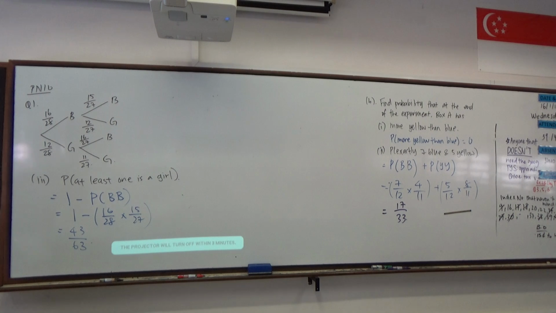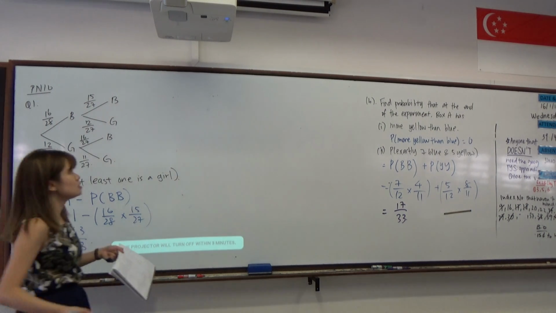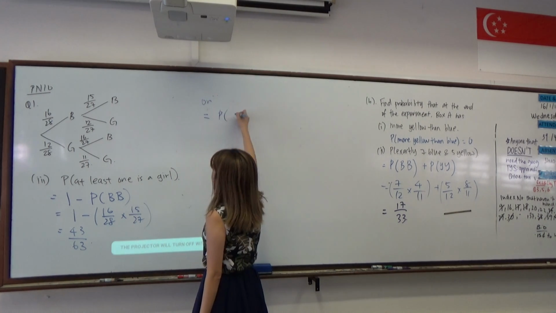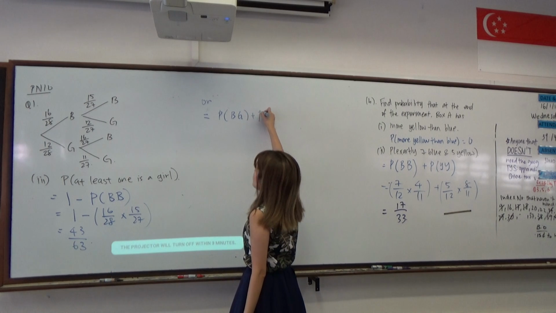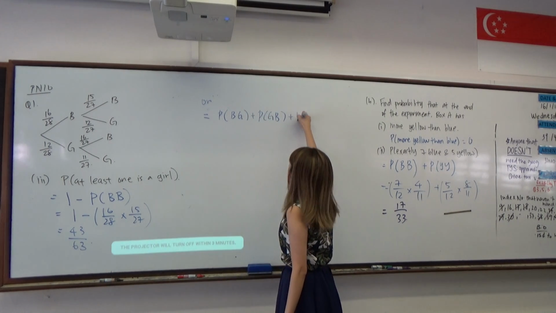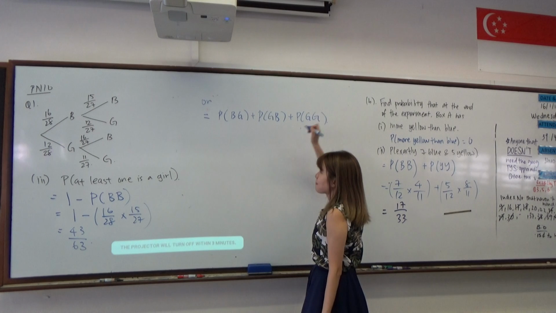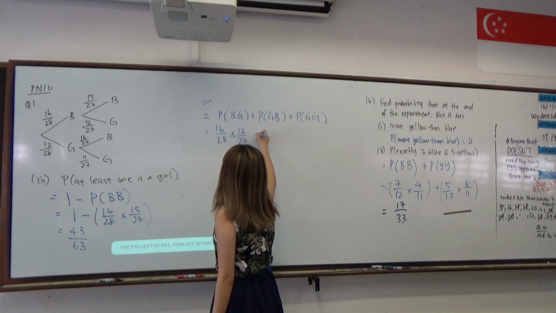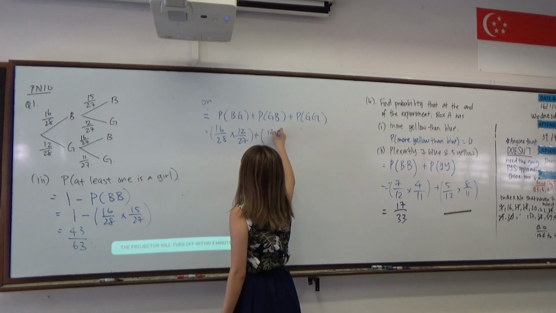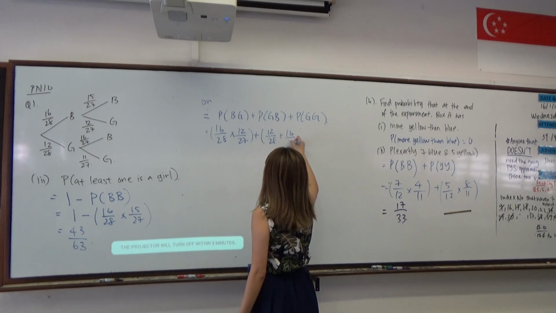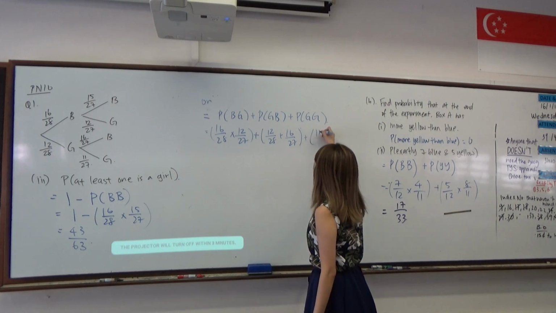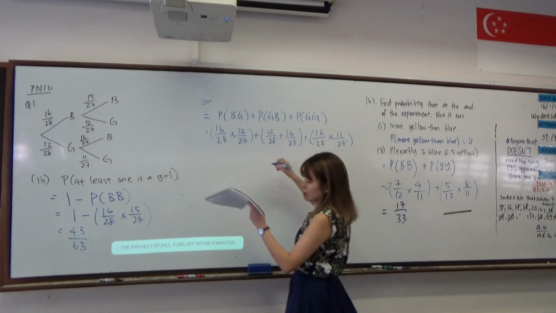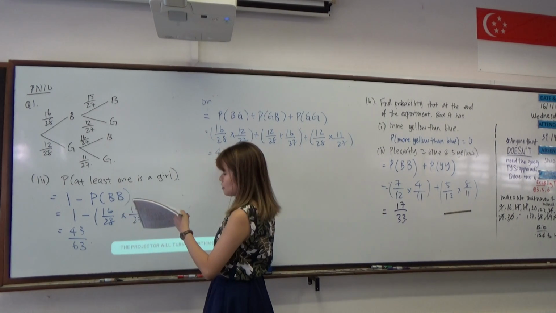If you don't consider the reverse, you could also consider all the different combinations, which is boy-girl, girl-boy, and girl-girl. Okay, and then we will also still get the same answer, 43 over 63.